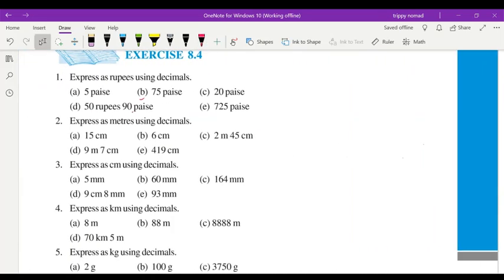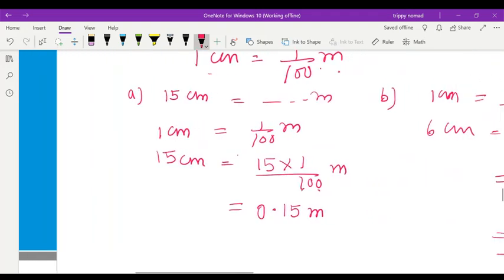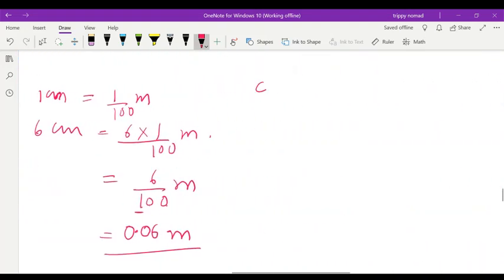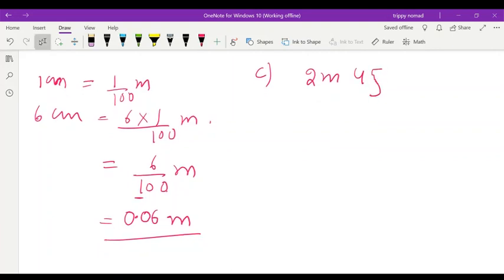Now question part C, this one. Here, 2 meter 45 centimeter. We have to convert this centimeter into meter.